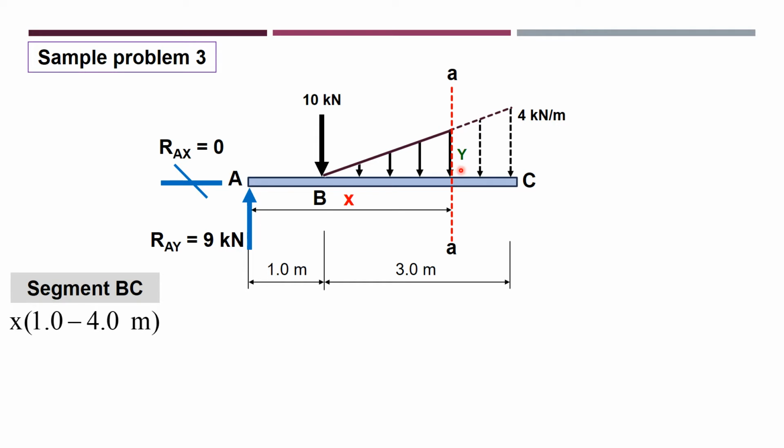And I use a symbol Y para dito sa ordinate na isosolve natin. And of course, for the limits ng segment BC, it will be from 1 to 4 meters. So again, if you started from 0 to 1, then ito naman ay 1 to 4 meters.